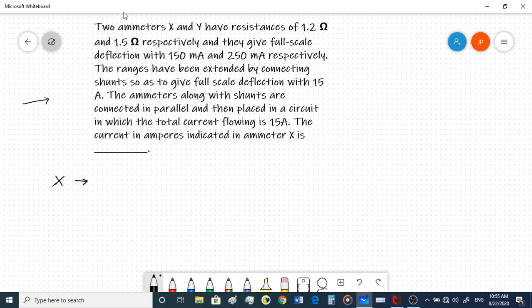It has a resistance of 1.2 ohms and it gives a full scale deflection with 150 milliamperes. I hope you know what is full scale deflection, right?